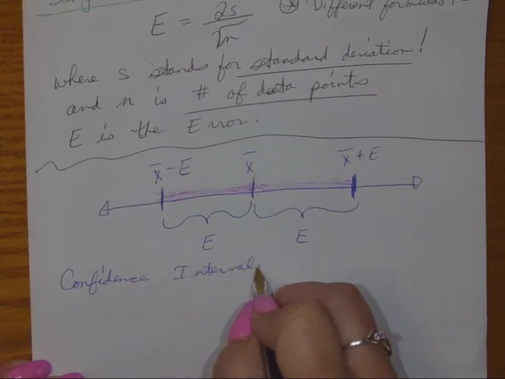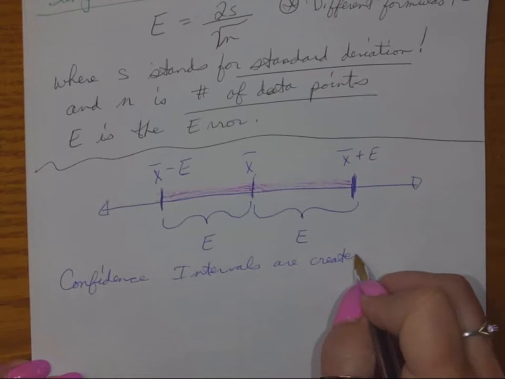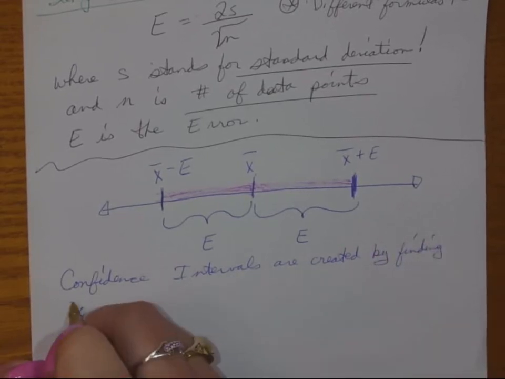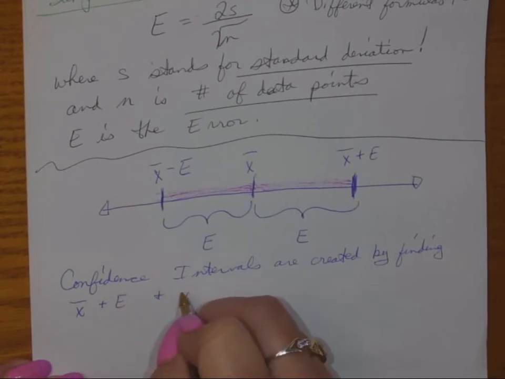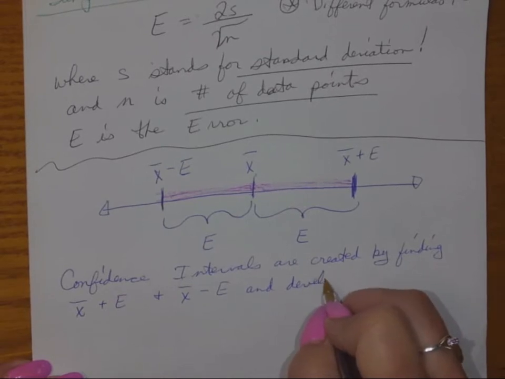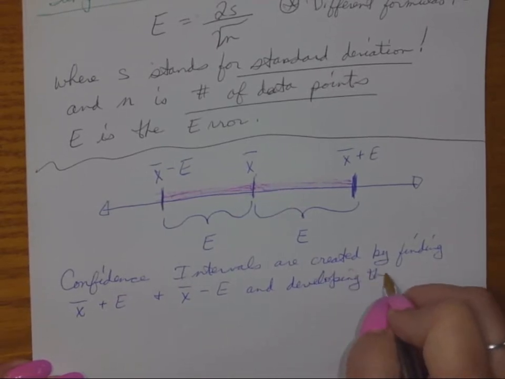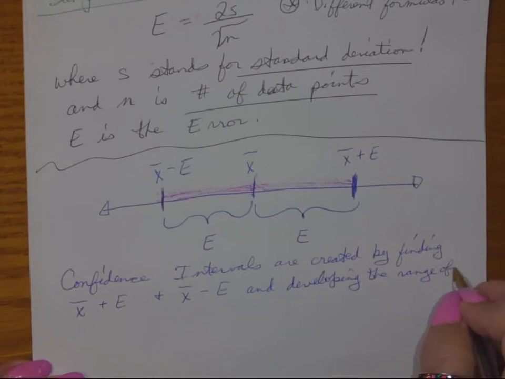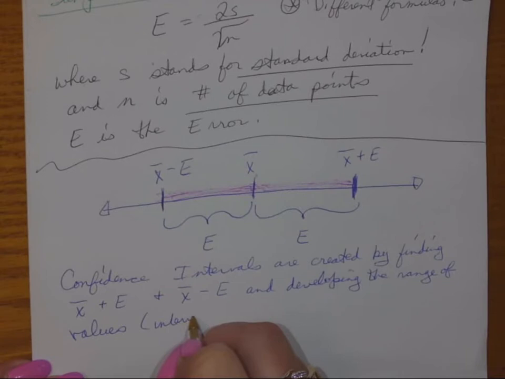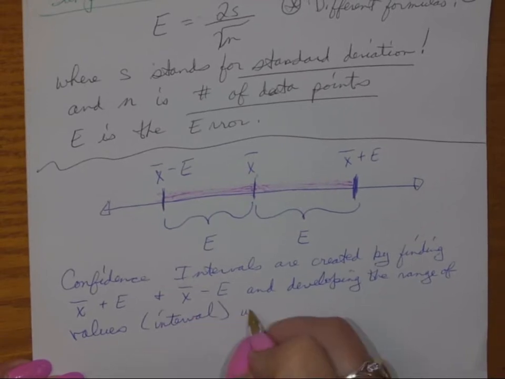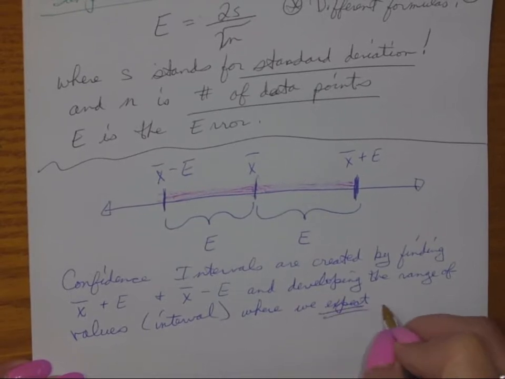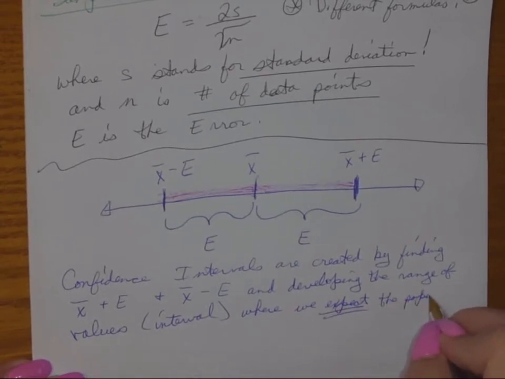Confidence intervals are created by finding X bar plus the E and X bar minus the E, and developing the range of values, the interval, that's where that word interval comes in, where we expect the population parameter to fall.